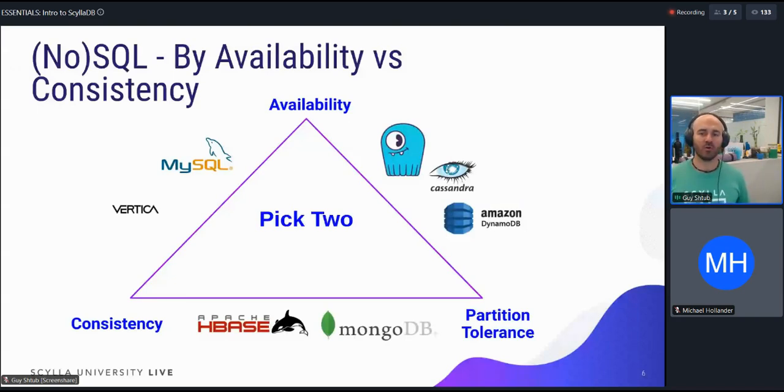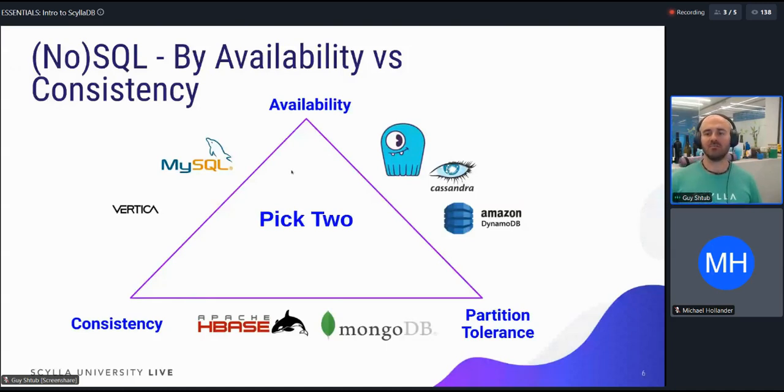And before, when I talked about availability, being able to serve requests doesn't mean necessarily that those requests are going to be consistent. And the third one is partition tolerance, and that means that even if there is a network failure or for any other reason, the nodes cannot communicate with each other, then the system would still continue to work.